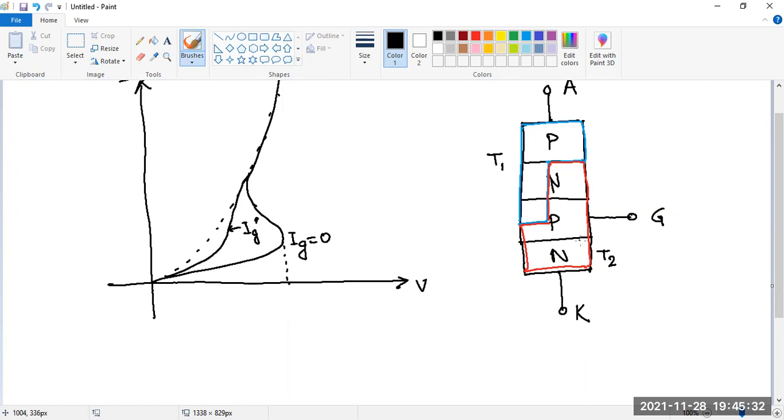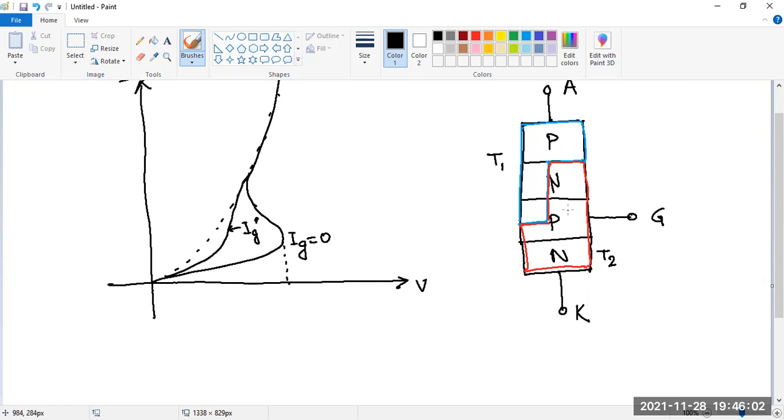With the NPN transistor, you have both cathode and gate connected. Rather the gate and cathode are taken out from the NPN transistor and anode is taken out from the PNP transistor.